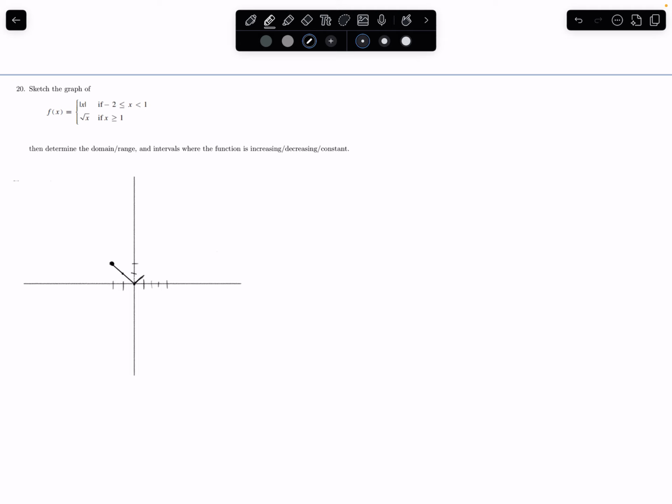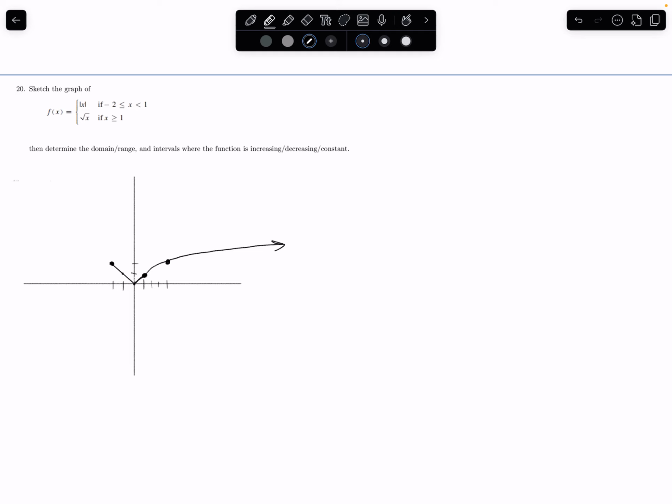So this so far is the absolute value portion. Then I have an open circle because this is strictly less than 1. Now for the square root of x part, that starts at 1. The square root of 1 is 1, so I get back the point (1, 1) that I had lost originally. And then from there, I continue on with the square root drawing that I had.